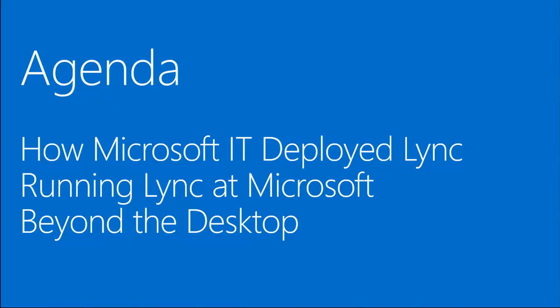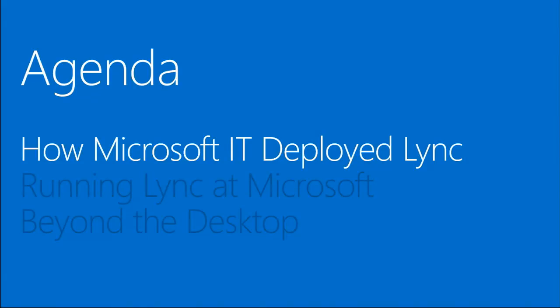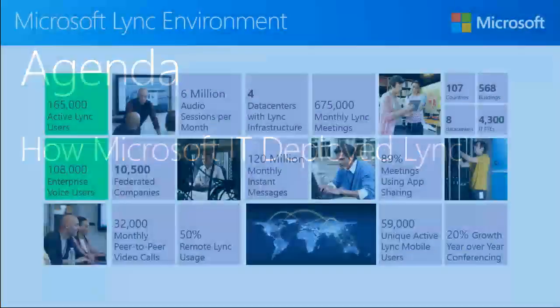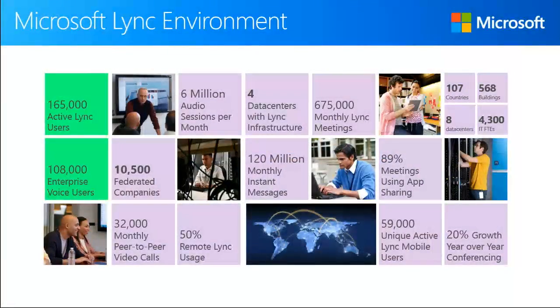So how Microsoft IT deployed Lync: I thought I'd start off by giving you a quick snapshot of our environment, just to give you an idea of our scale. Microsoft at any given time has 165,000 active users in Lync on a monthly basis. We have 108,000 of those enterprise voice enabled. But that's our Lync environment.